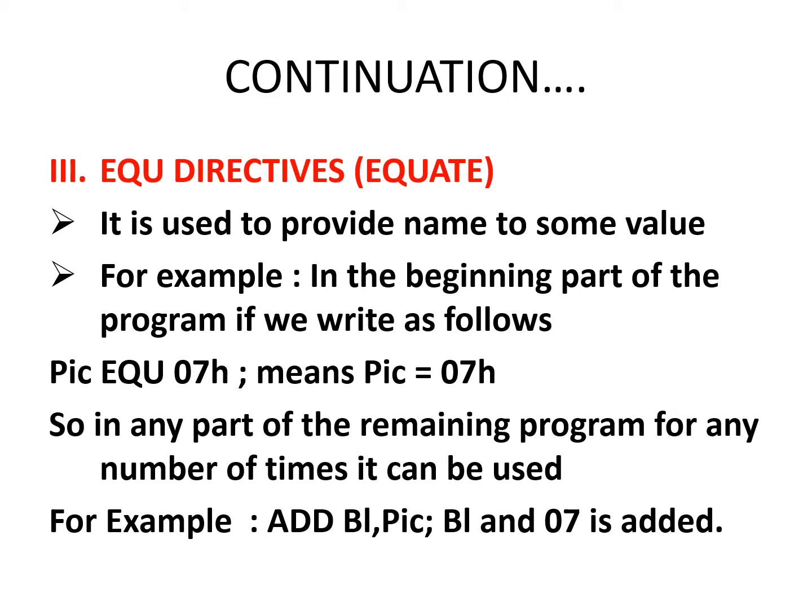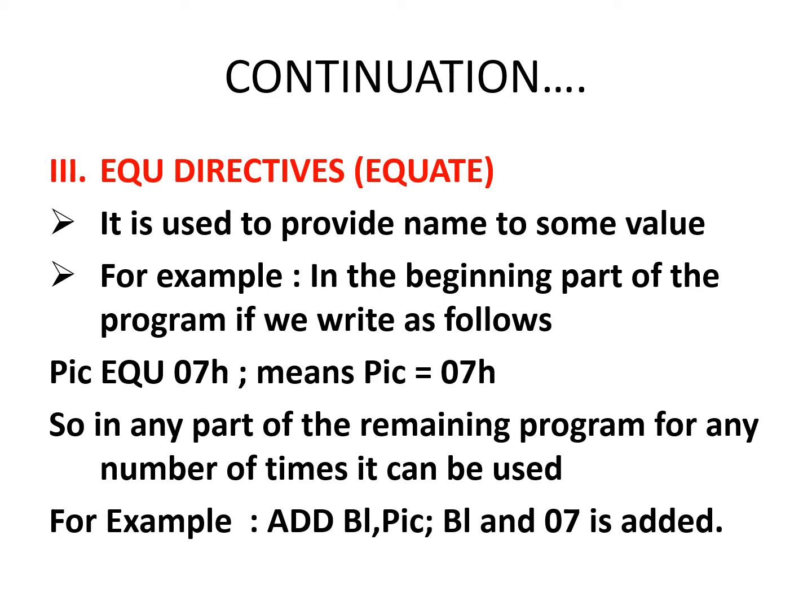Instead of doing it like that, if I mention PIC EQU 07H, that means this 07 can be used throughout the program, like in the last line of the program, ADD BL, PIC. ADD BL comma PIC means the BL value, something like 20, will be added with PIC. PIC I have already mentioned as 07. So the 20 and 07 will be added because PIC is nothing but 07.